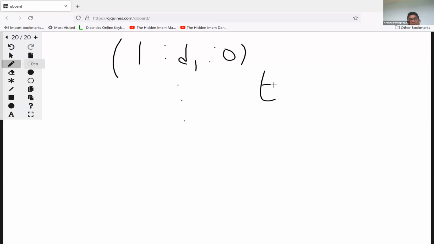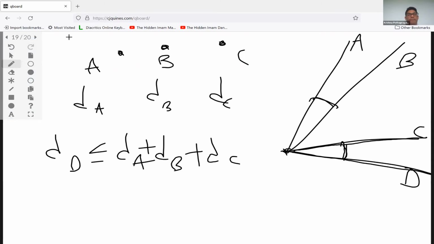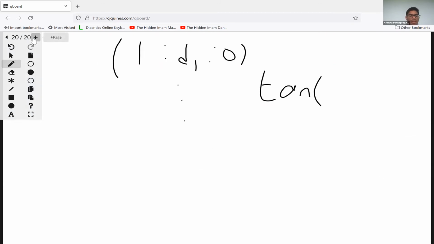And we're basically saying that the tangent of the angle between the line y equals 0 and the line between 0, 0 and this point at infinity D, the tangent of that angle, delta, is D1.